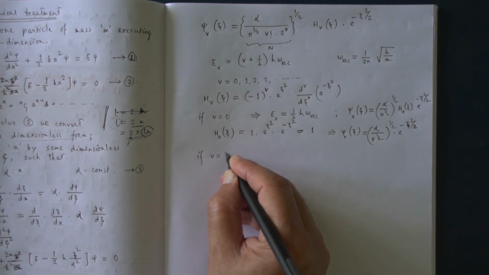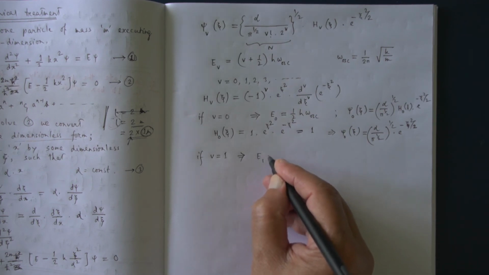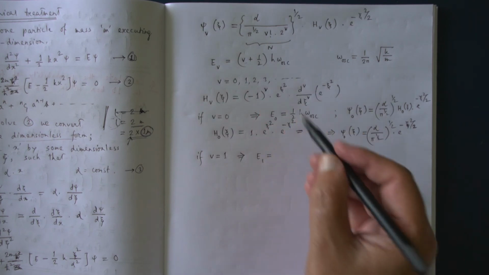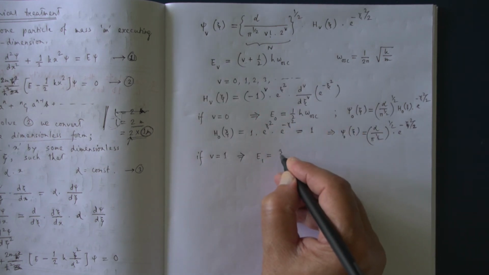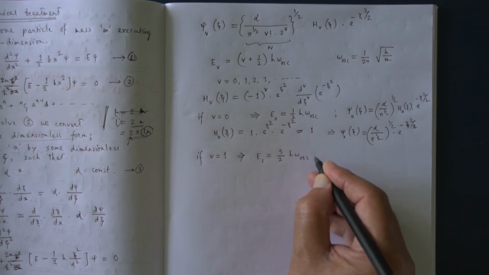Now if v equal to 1, then energy equals v plus half, that means 3 by 2 h omega oscillation.